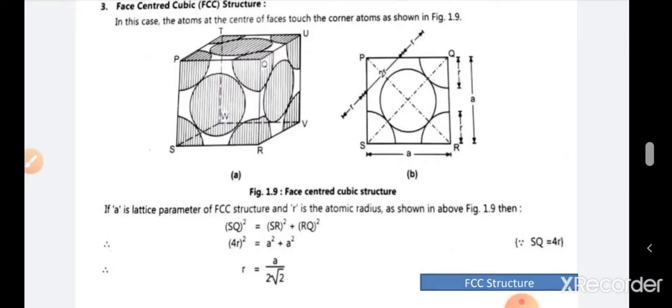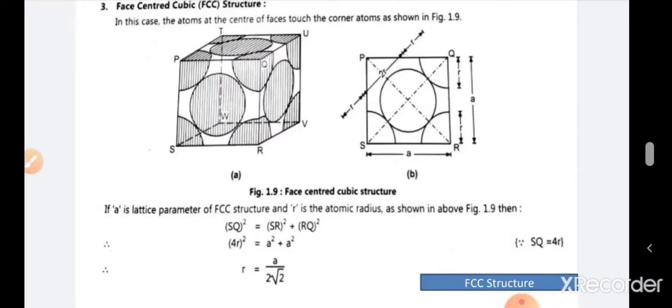We know very well that the side of the cube is denoted by A. That's why in the second line, the side of the cube is replaced by A, whereas SQ has the value R plus 2R plus R, that is 4R.